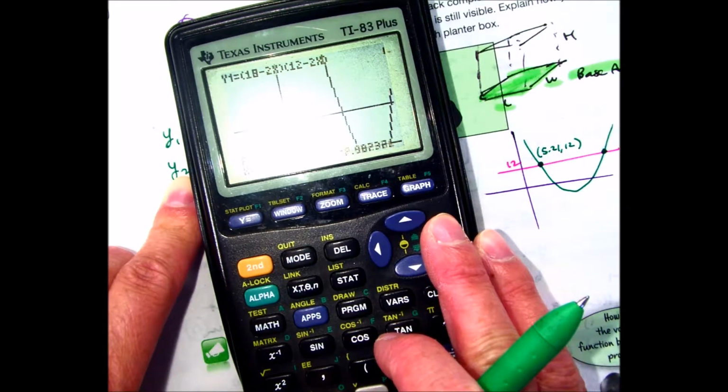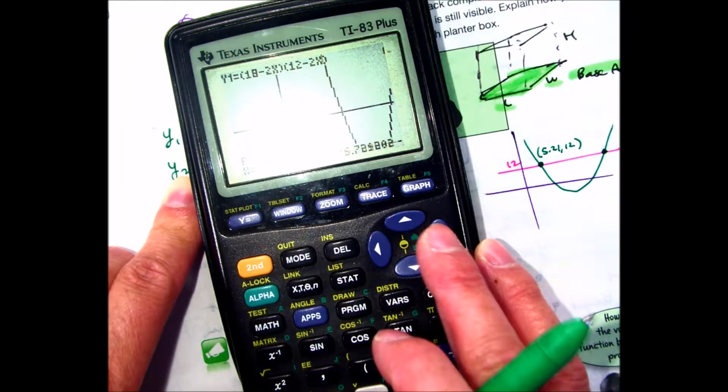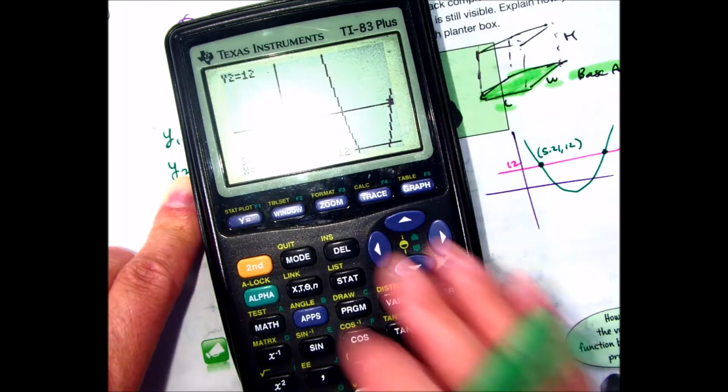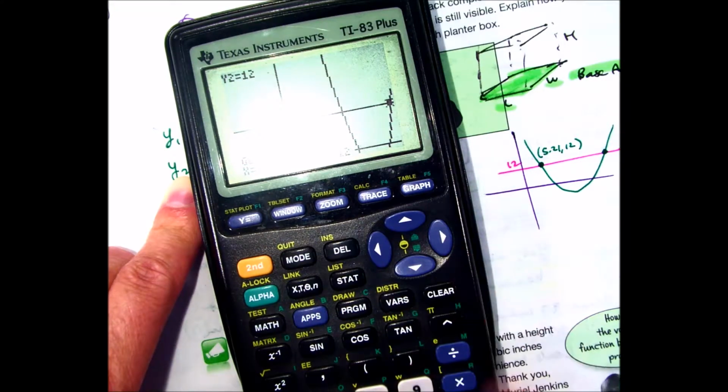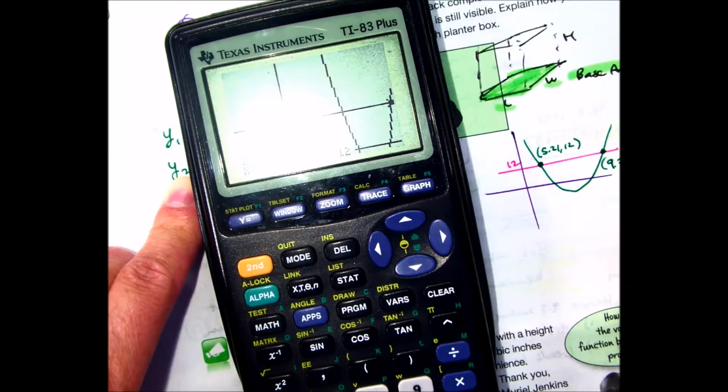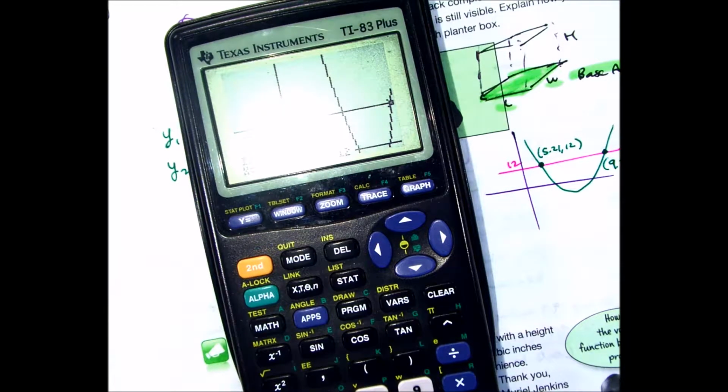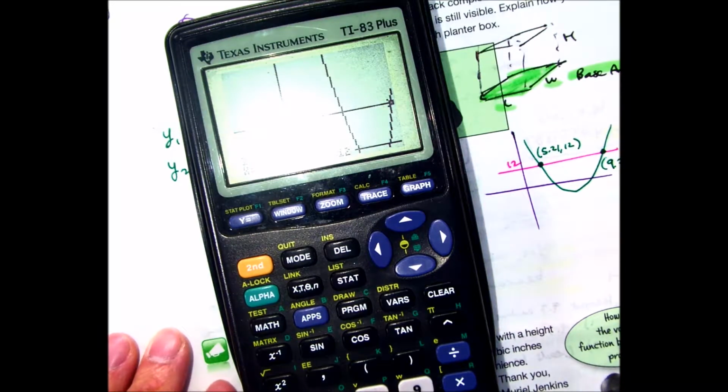Over here, approaching 0, comes there, goes to there, goes right there, and my other ordered pair is 9.79, comma 12.